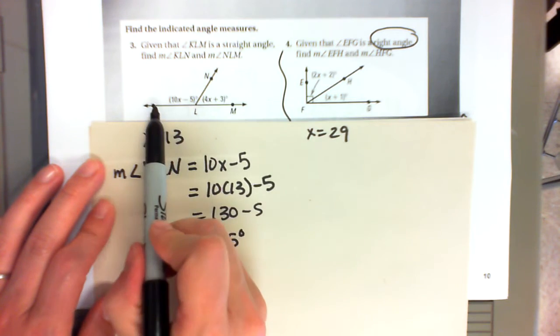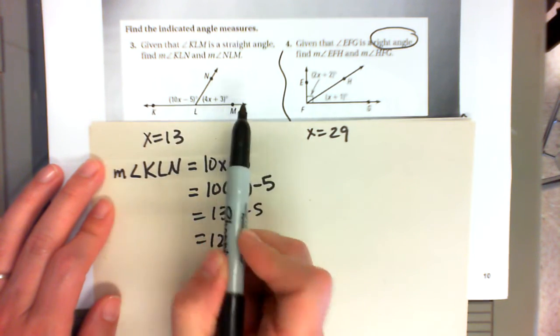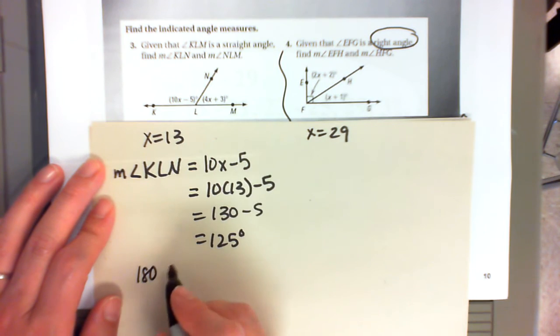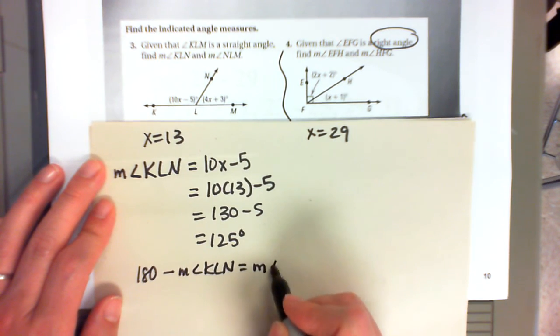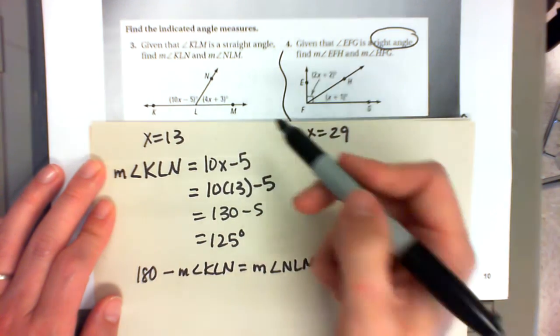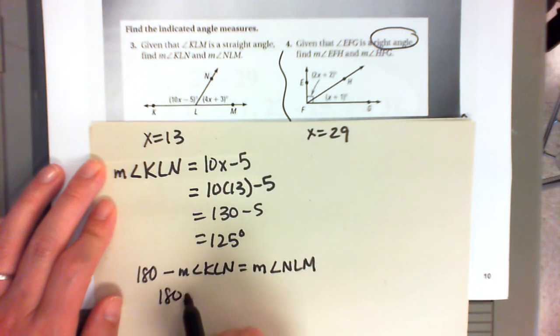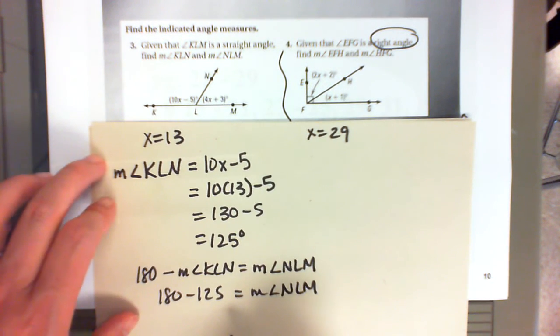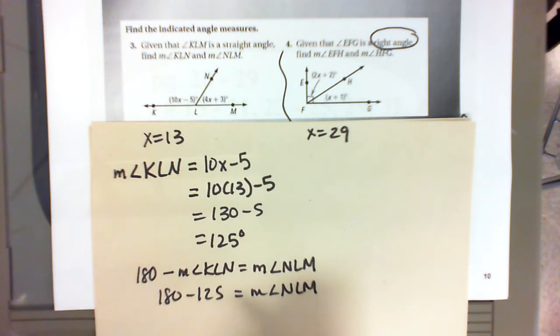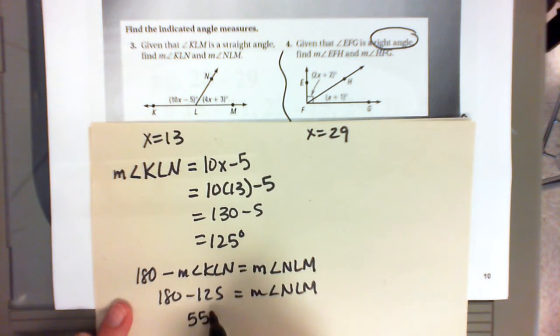Or, since I know KLM is a straight angle, I could say 180 degrees minus the measure of angle KLN equals the measure of angle NLM. So 180 minus 125 equals the measure of angle NLM, which is 55.